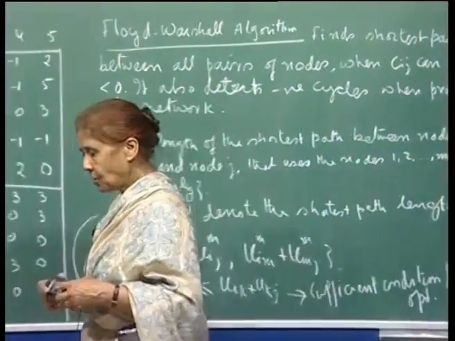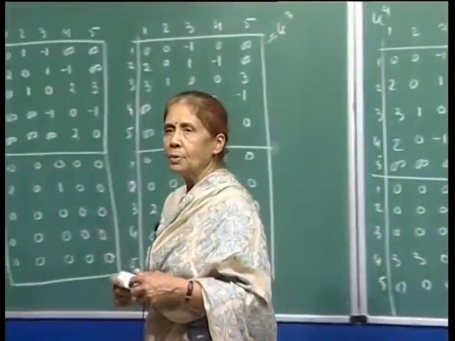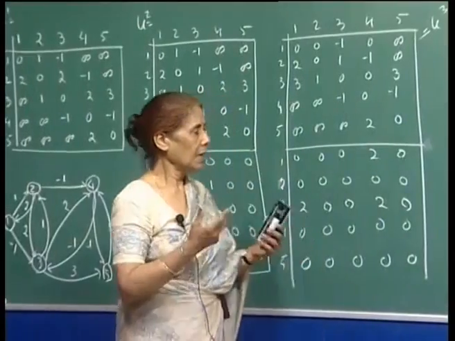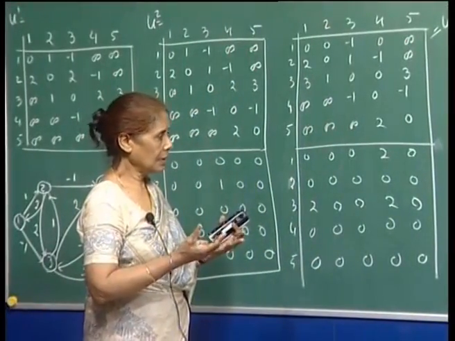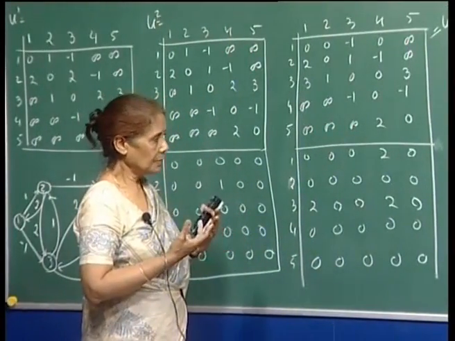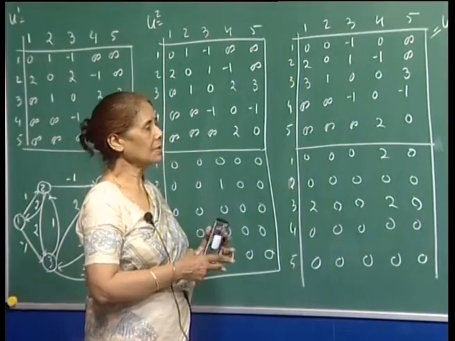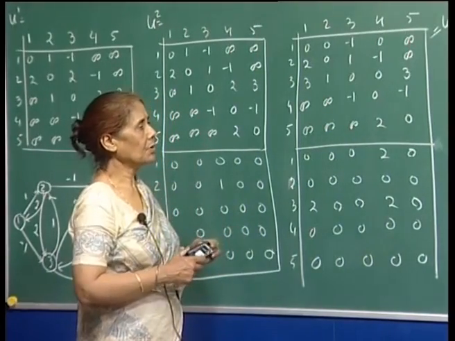So, your computation should not be more than order n cube, right. I mean, if you just in a very rough way count the basic number of computations that you have to do, that will not be more than order n cube.